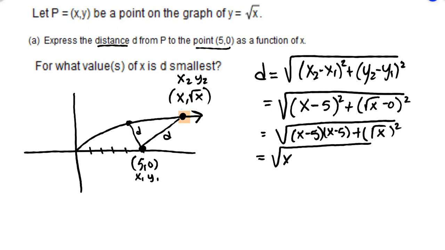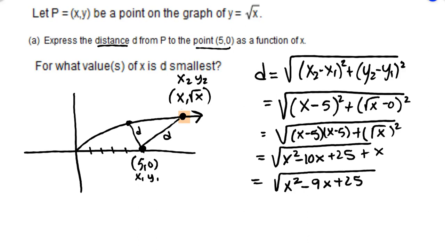Multiplying, we have x squared minus 10x plus 25, and the square root of x squared is x. I can combine like terms to get the square root of x squared minus 9x plus 25. So we have a function here that measures the distance between any point on the square root graph and the point (5, 0).